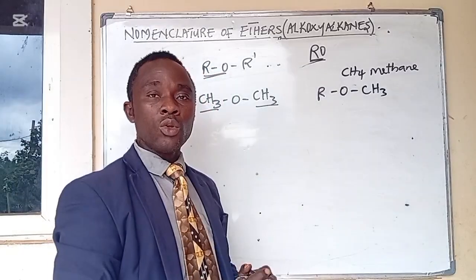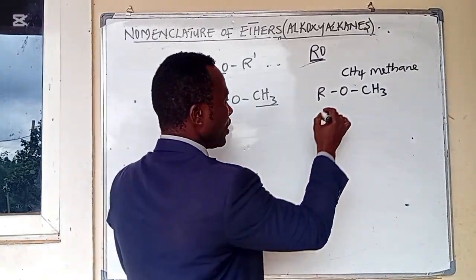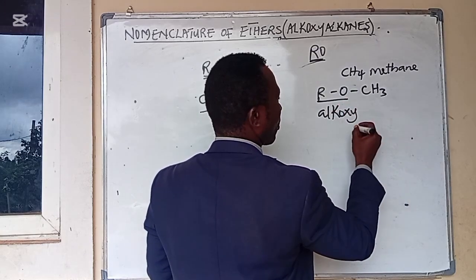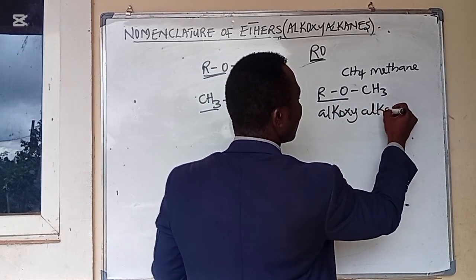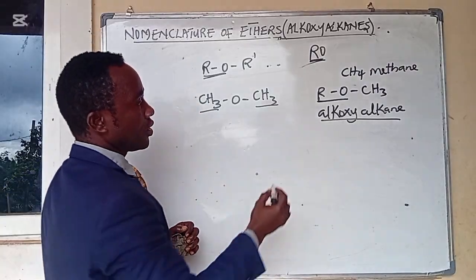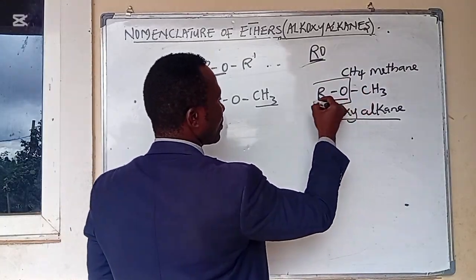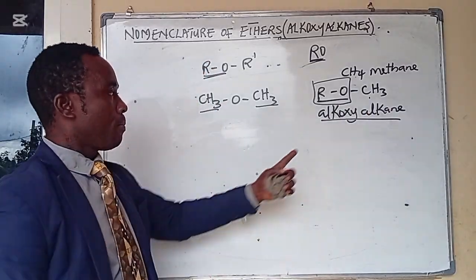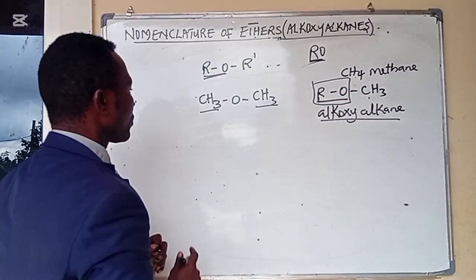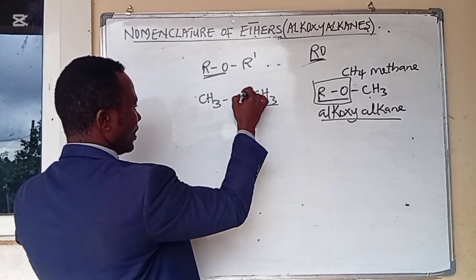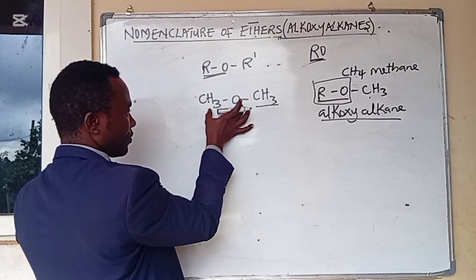That is why if we want to name ethers, we name them as alkoxy alkane. So this is an alkoxy group being attached to an alkane, methane in this case.